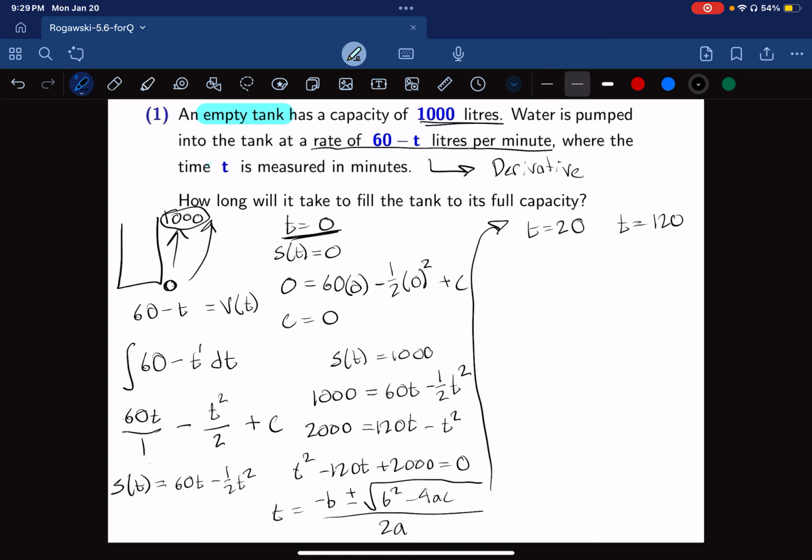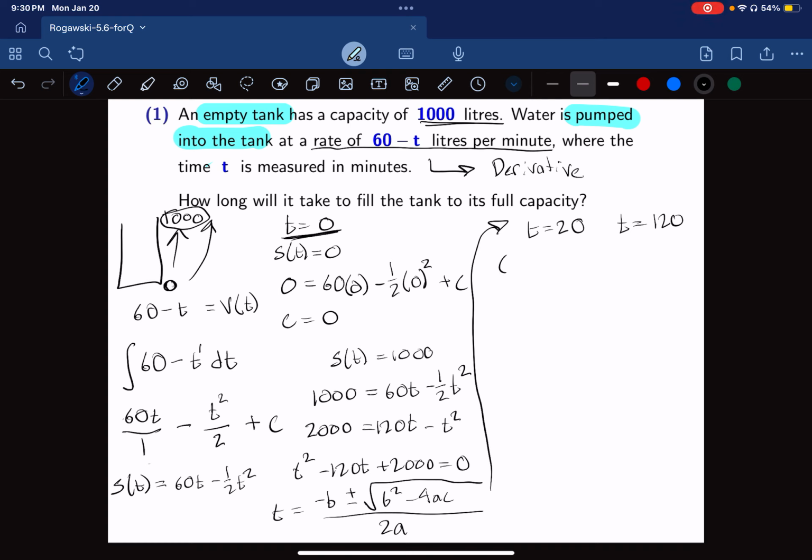Now, which of these answers is correct? This is unfortunately not a question where one of these values is negative, where we could immediately get rid of it, but this is where our rate of change equation comes in again. Because we know that water is only pumped into the tank and not out of the tank, we know that the rate of change must always be positive.